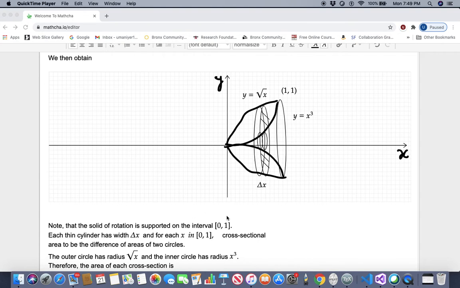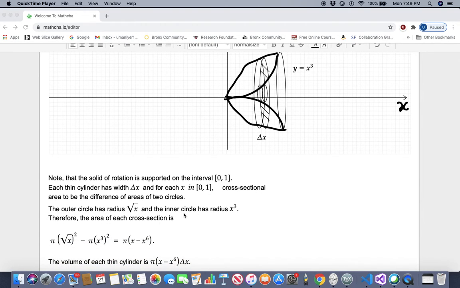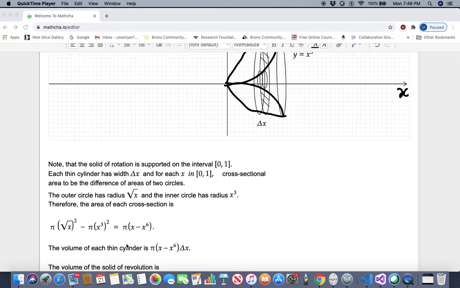So the area of each cross section is pi times outer radius squared minus pi times inner radius squared. So that gives me an x, and this gives me x to the power 6, with a common factor of pi.